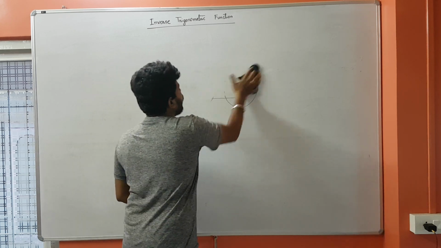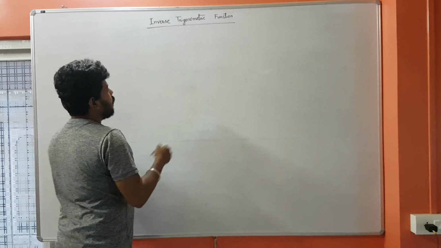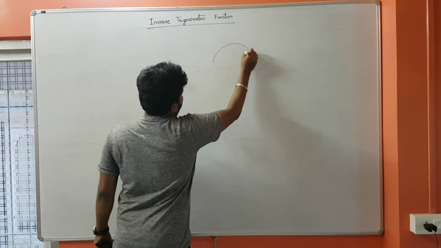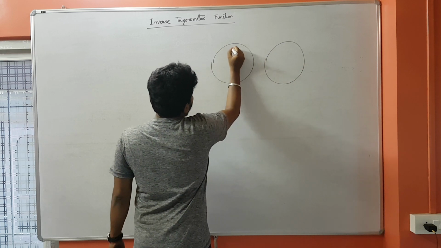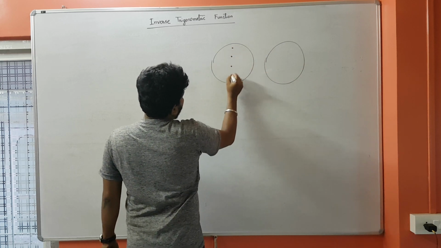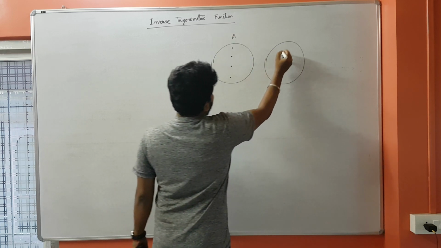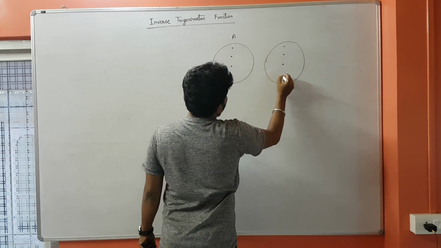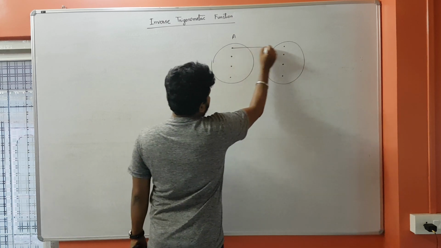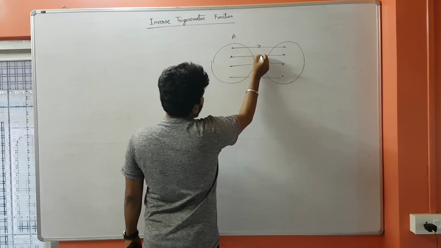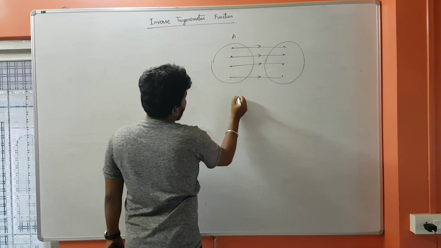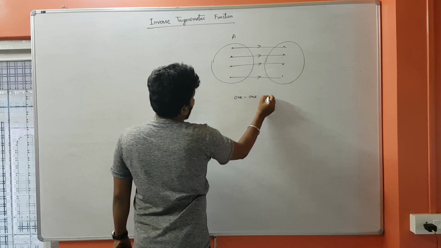Now, these are examples of one-one and onto functions. Function: set A has 4 elements and set B has also 4 elements and their images are respectively this. This is an example of one-one onto.